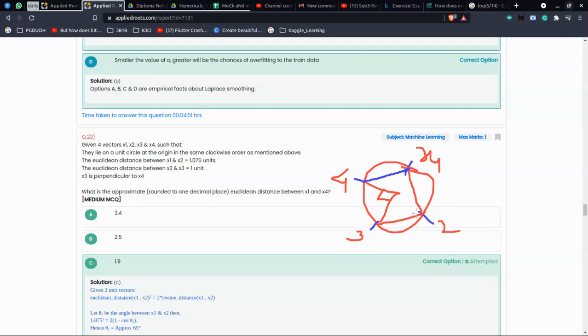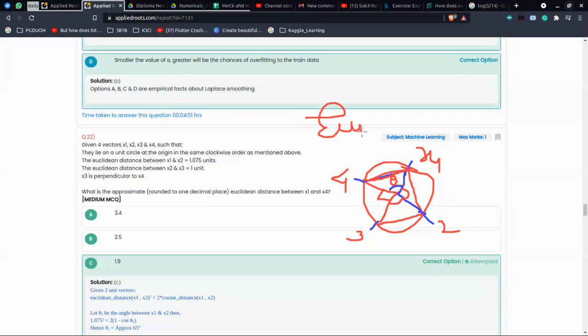This distance is known, right? X1 to x2, Euclidean distance. So you can calculate this angle. X2 and x3, this distance is also known, so you can calculate this angle. It is coming to something like 65 or 60; I just solved that before the session. And you know this is 90, so this angle is now trivial. Whatever angle you get, let's say 120, 145 or something like that, now you can find this distance.